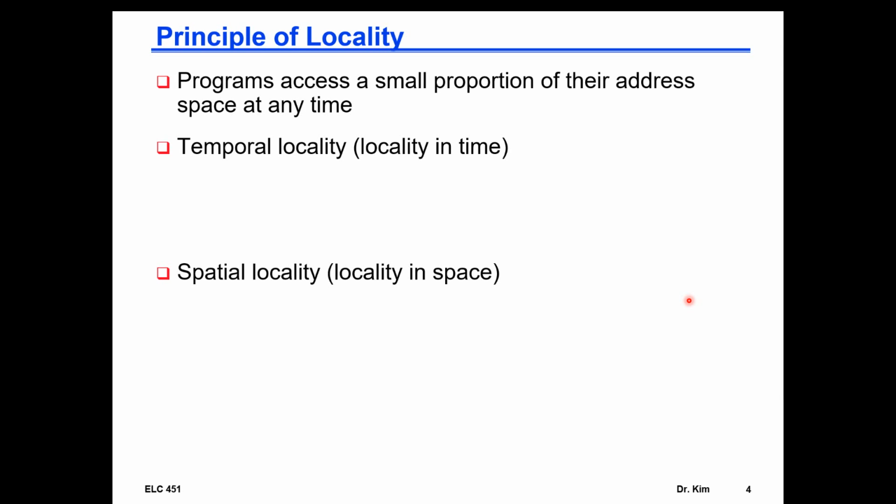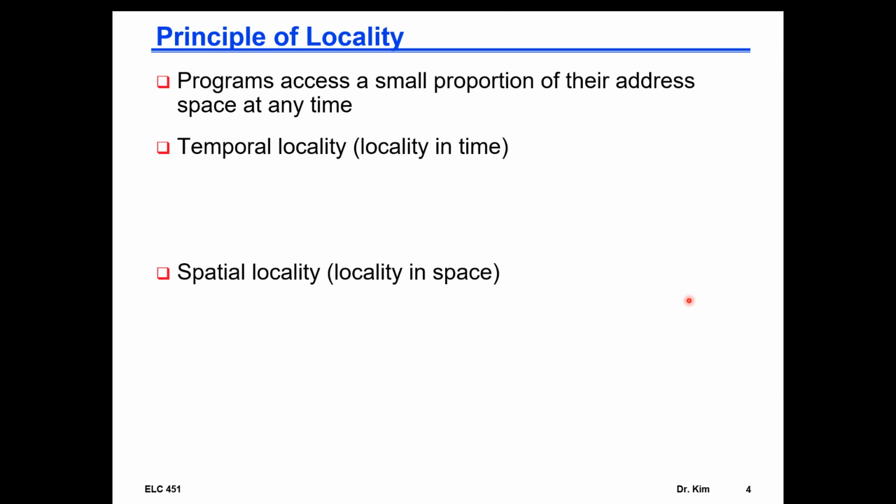So now in programs, what are the inherent characteristics of programs? Is that programs access small portions of their address space at any time. So they have this temporal locality. Think about code.